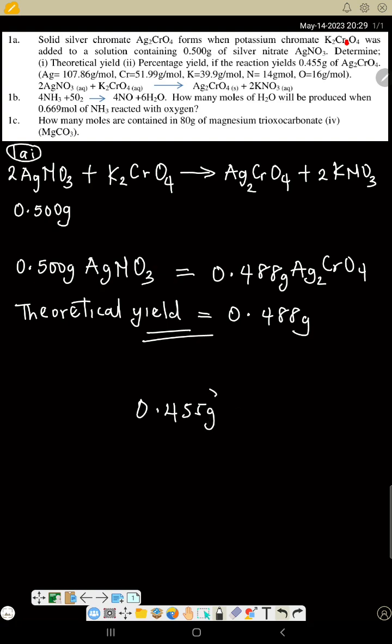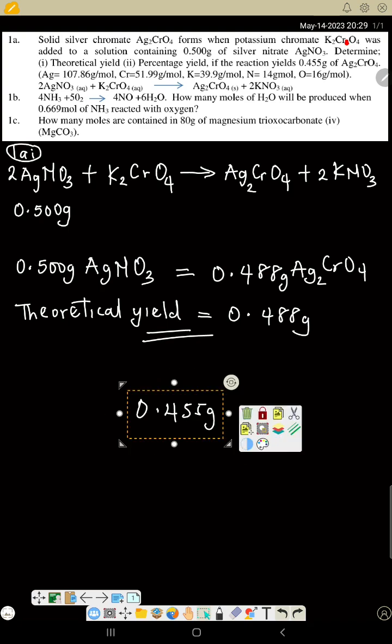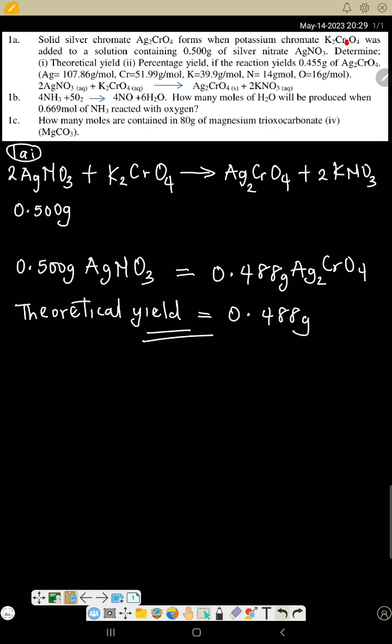The actual yield is usually less than the theoretical yield, so you can judge your answer from there. Now the Roman figure 2.